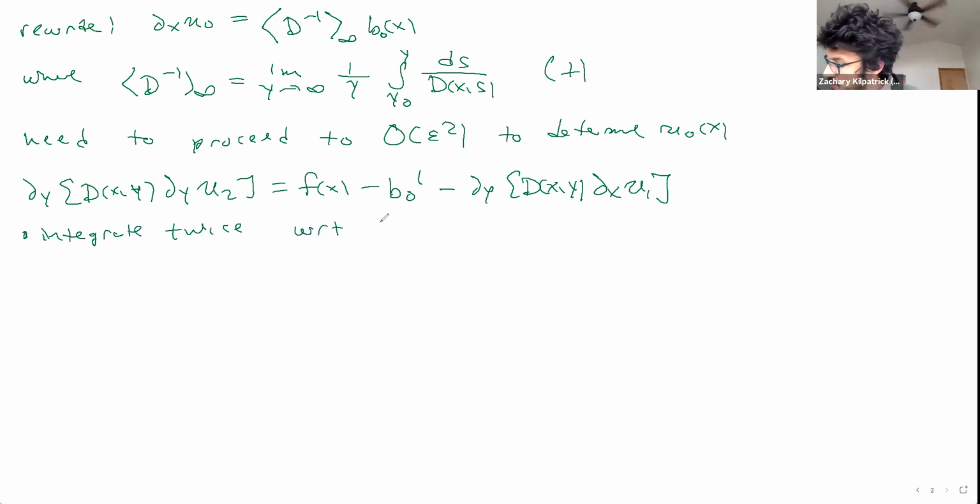Okay, so we can actually integrate twice with respect to y, and this gives a longish expression for u2.